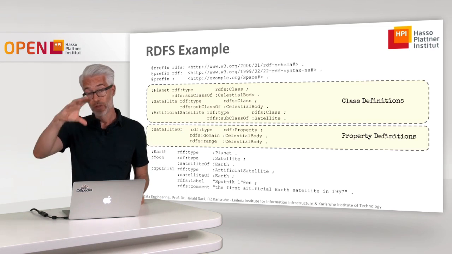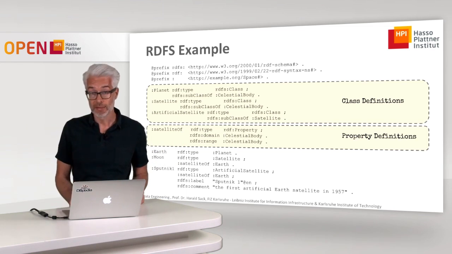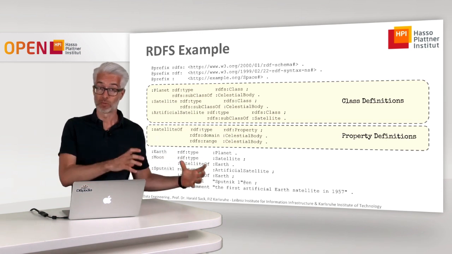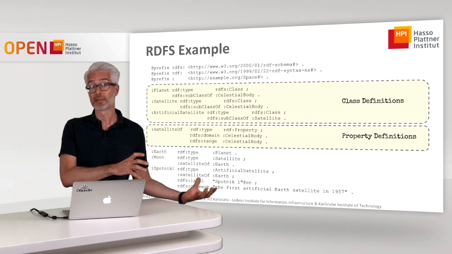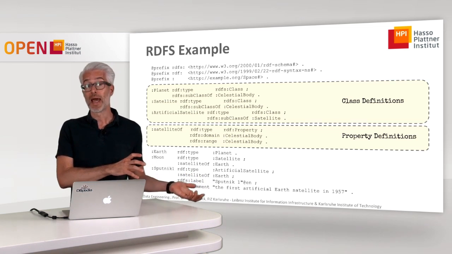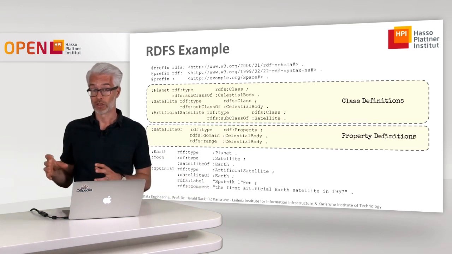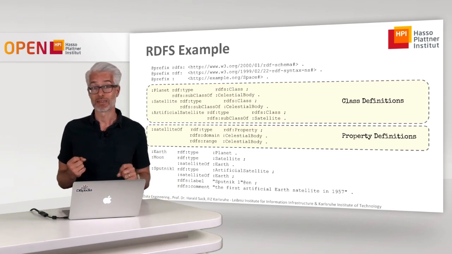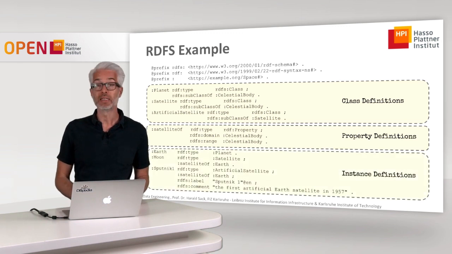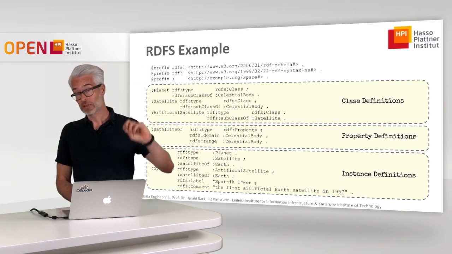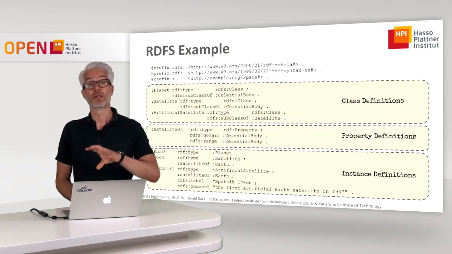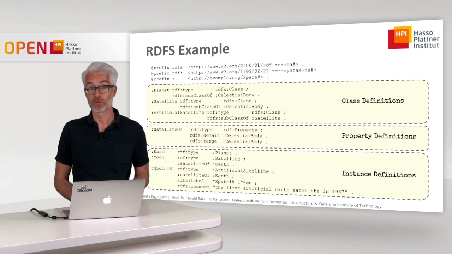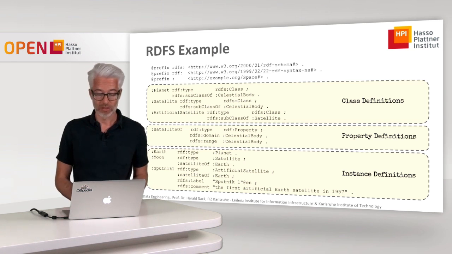If you consider a knowledge base, it consists of the terminological knowledge, which are the class definitions and property definitions, and the so-called assertional knowledge, which are facts which relate instances with other instances. And this is the part which comes here, the instance definitions. You can also call the upper part T box for terminological knowledge and the lower part A box for assertional knowledge. But this is only a comment on the side.